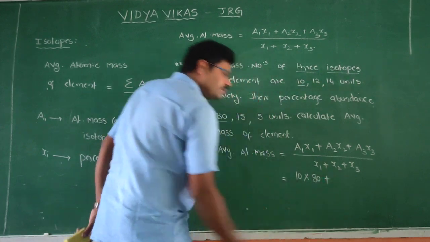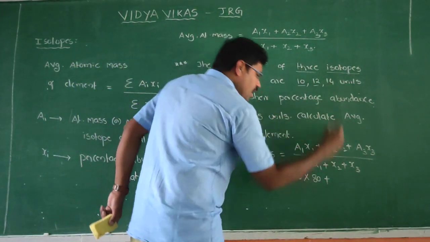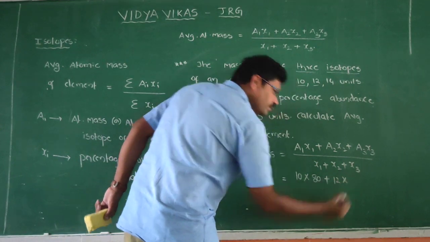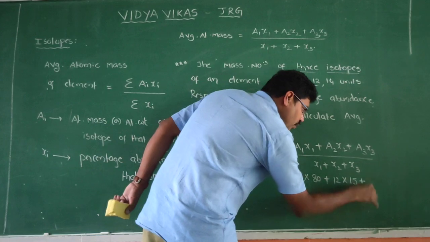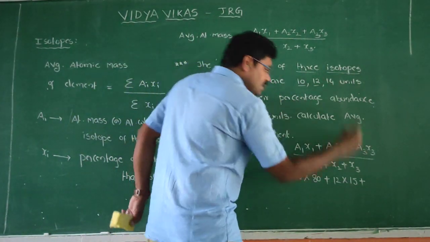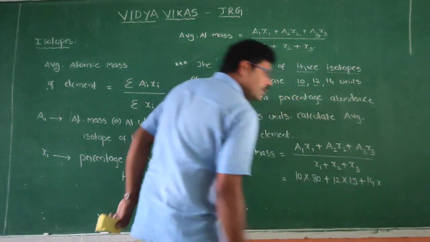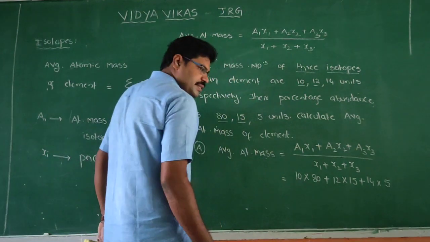Keep in mind. What about the second isotope, sir? Second isotope atomic mass is 12, and its abundance is 15%. What about the third isotope, sir? Third isotope mass number is 14, and its abundance is 5, dear students.